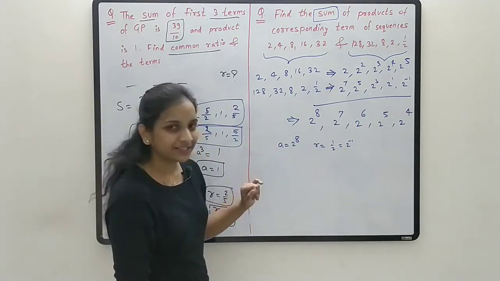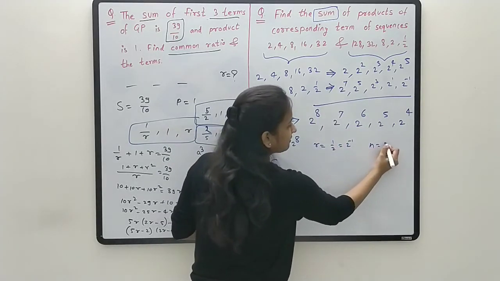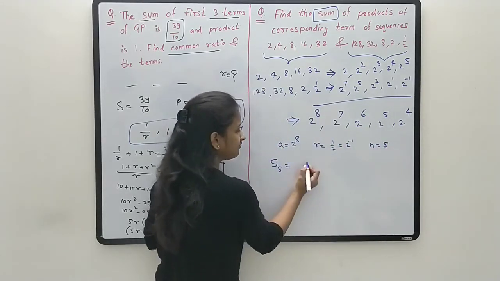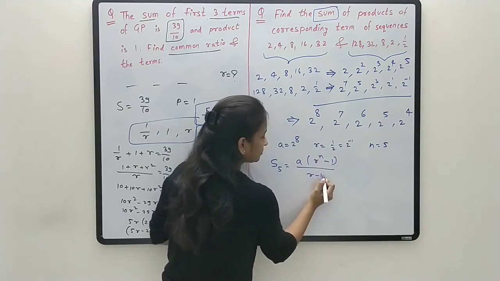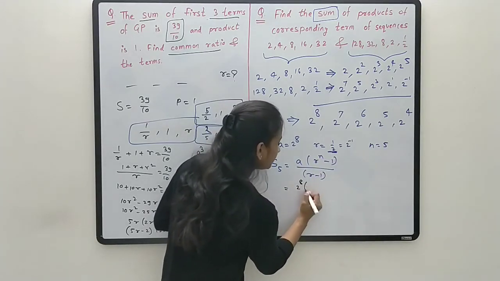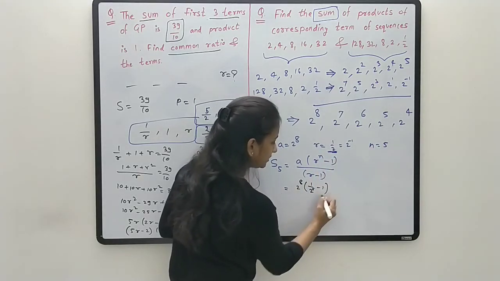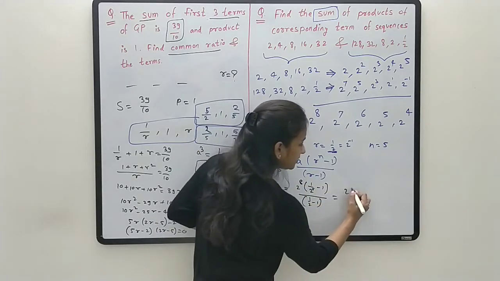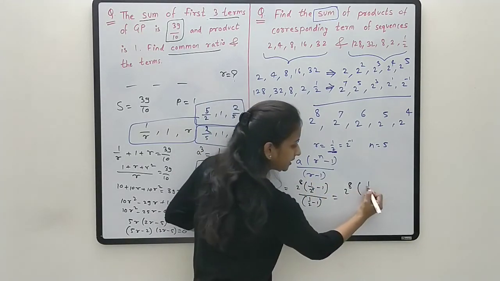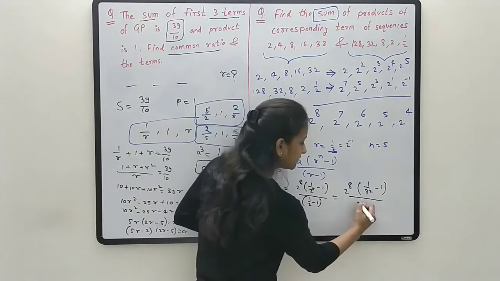Anything is fine. Now let's apply the sum formula. There are 5 terms, so n equals 5. Sum of 5 terms is a into rⁿ − 1 upon r − 1. Here a is 2⁸, r is 1 by 2, n is 5. So this is 2⁸ times (1 by 32 − 1) divided by (1 by 2 − 1), so minus half.